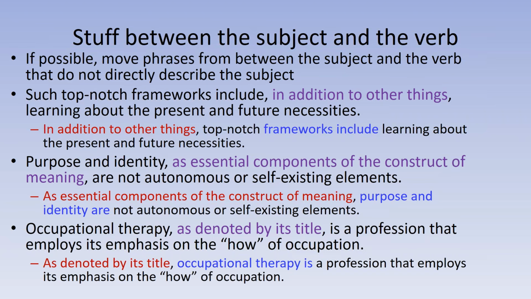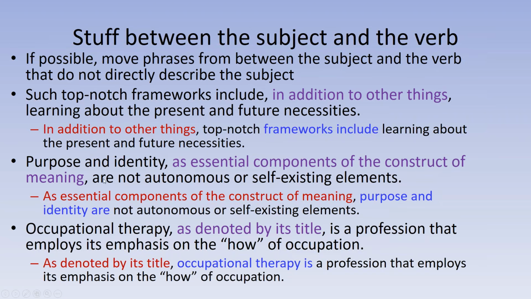Such top-notch frameworks include, in addition to other things, learning about the present and the future necessities. So it is not wrong to have this phrase set off with commas, but it causes the reader to stop and stumble a bit. Just by moving it to the beginning of the sentence, it flows much better. In addition to other things, top-notch frameworks include learning about the present and future necessities.